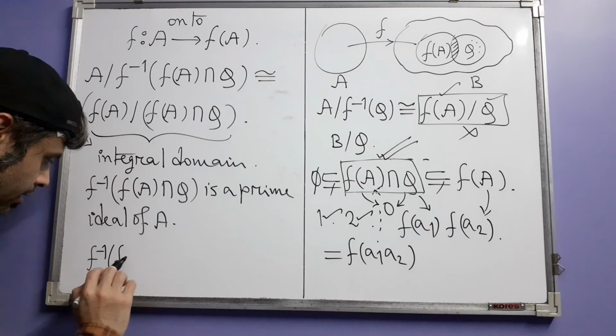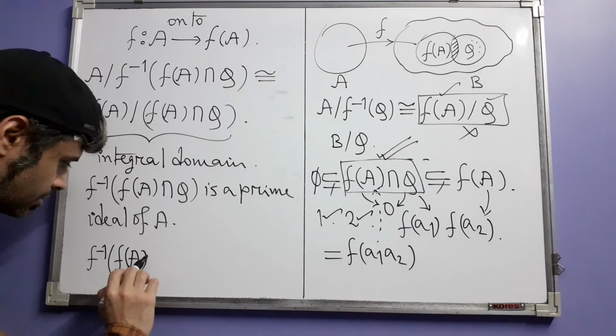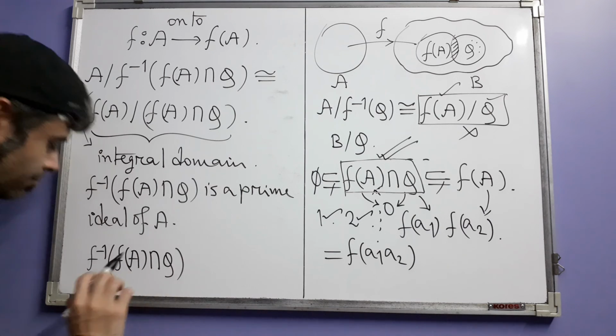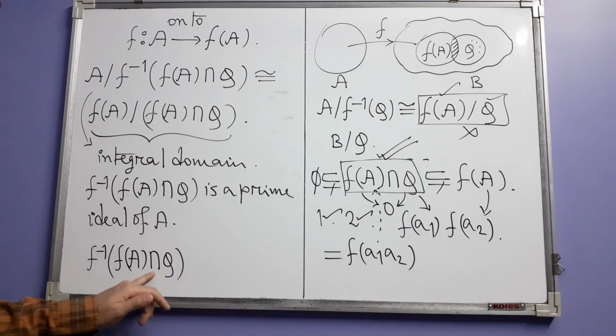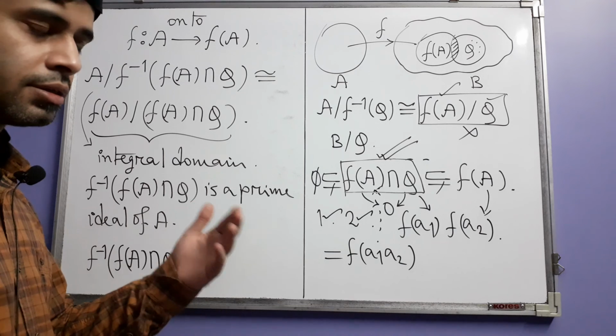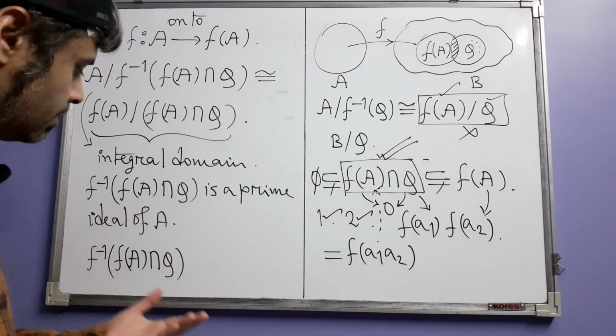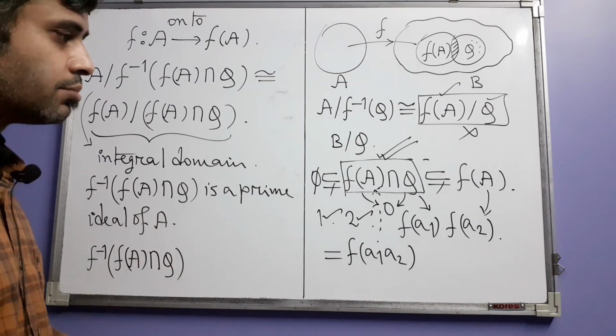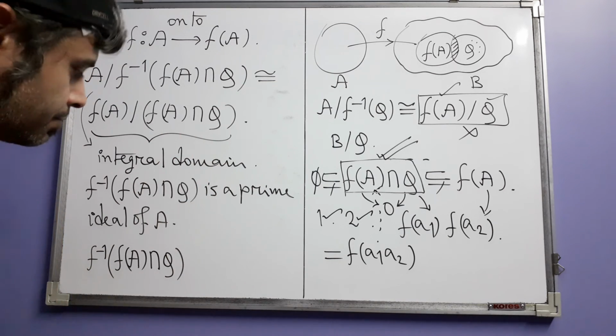Recall the fact that inverse images behave well with almost anything: intersection, union, set inclusion. They just distribute themselves over everything.